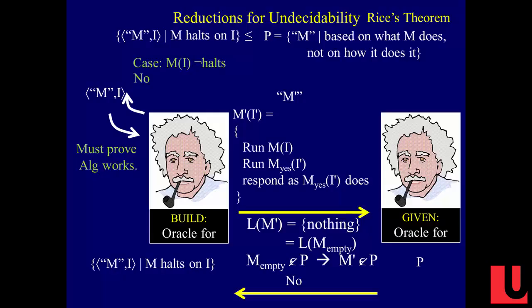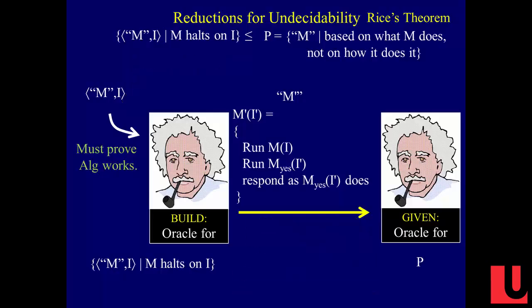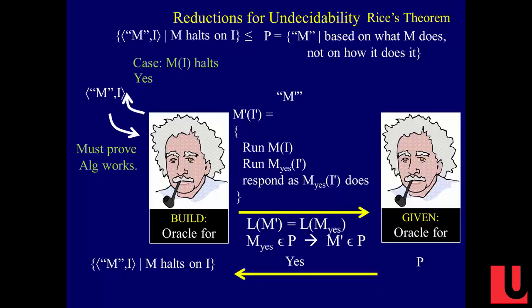P_yes is some other generic Turing machine. The only thing we know about it is that P says yes to it. So how many algorithms are there? There's 1, 2, 3, 4, 5, 6. Six algorithms in this proof. All right?